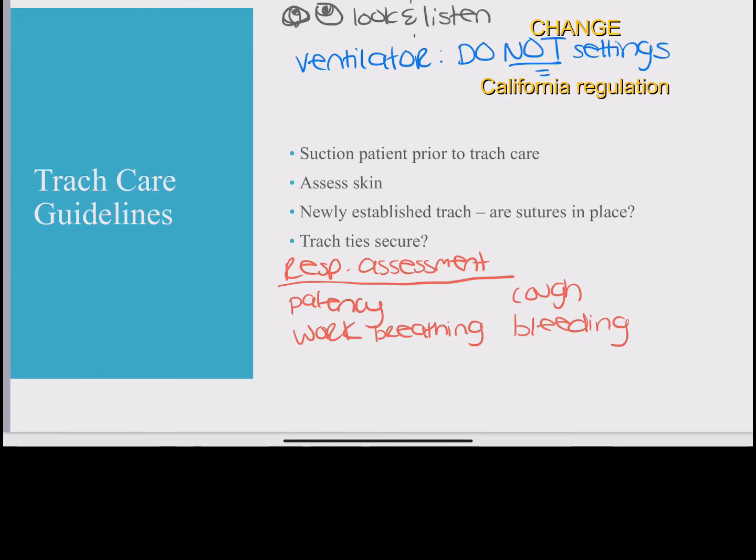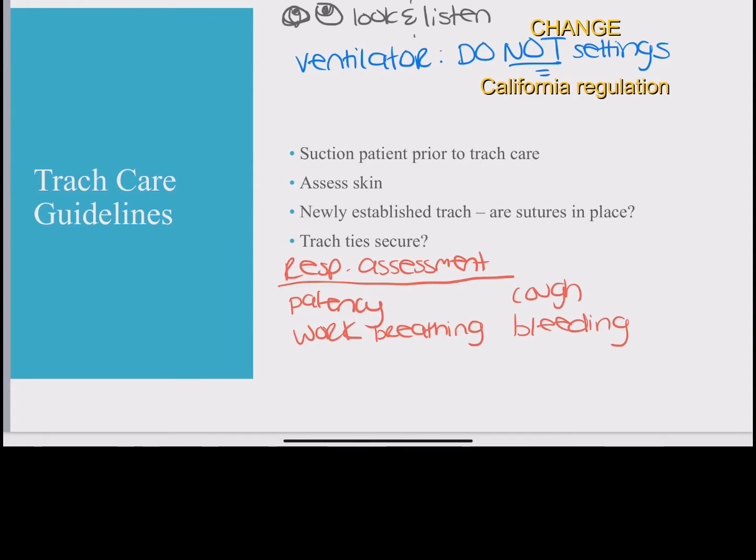I see this multiple times in accounts. There are your patients on the ventilator. You would like to change the settings because you want to optimize, or you want to start weaning your patient off the ventilator. That is something we cannot do. If your respiratory therapist notices changes in the settings, they will officially document it into the patient's chart, saying that the nurse made the vent change without the consent or recommendation of the respiratory therapist.